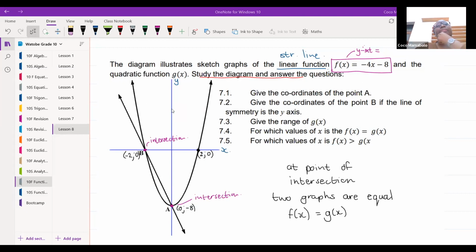Mateo, what's up? Hi, ma'am. Ma'am, I just wanted to make sure g of x is for the parabola and f of x is for the straight line. I don't know, Mateo. Did you read the information that they've given you? If you'd read the information, I wouldn't even have to tell you because you would already know.